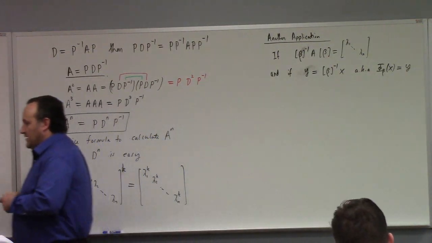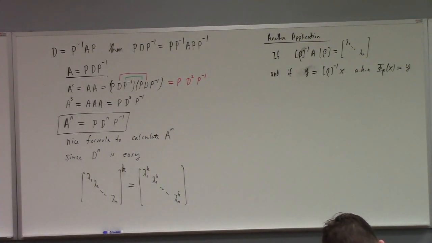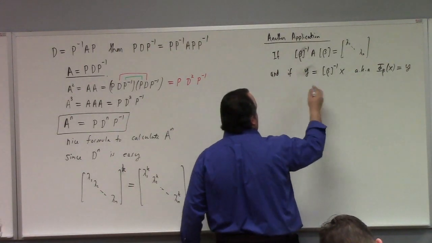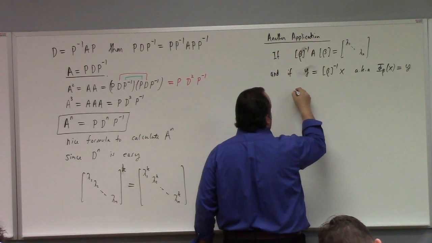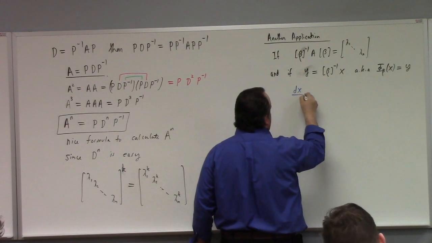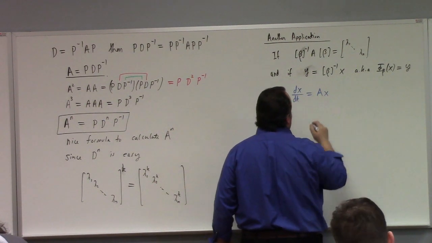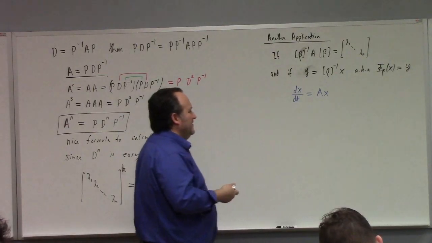In this context, I would say y is an eigencoordinate. Y is a system of eigencoordinates for this matrix. So we were trying to solve, as our principal application to all this stuff, the system of differential equations dx/dt is equal to Ax. I can't remember if I put vectors in here.